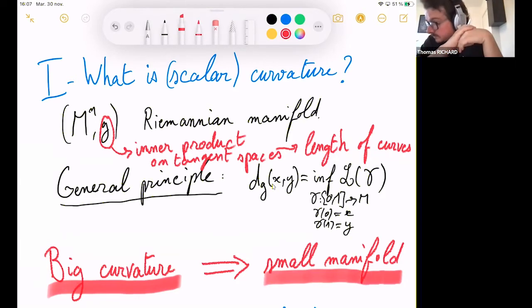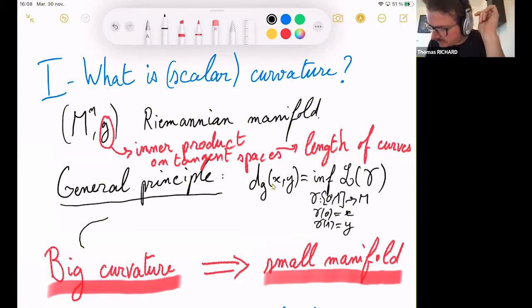So, for instance, let's take a very basic example: a curve in R^2, let's say a convex curve.